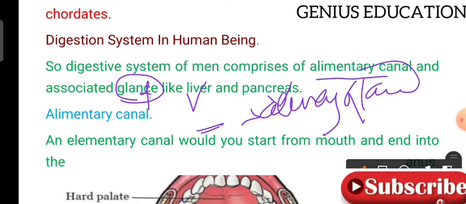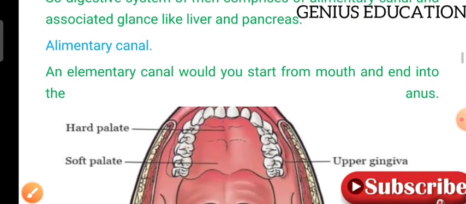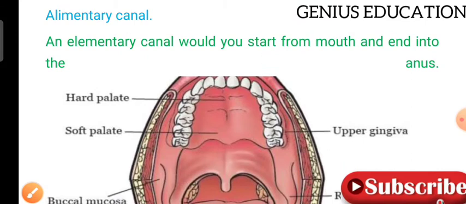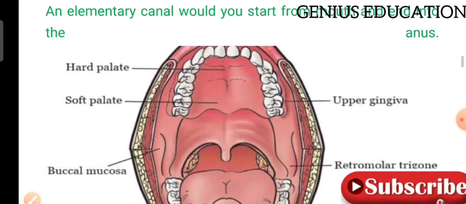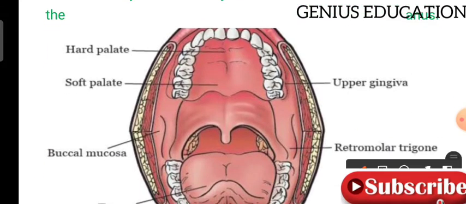Okay, so let's see the alimentary canal one by one. The alimentary canal starts from the mouth. I told you the mouth is a very important part, the frontal part of the alimentary canal, through which we can take food. There are teeth or tooth.